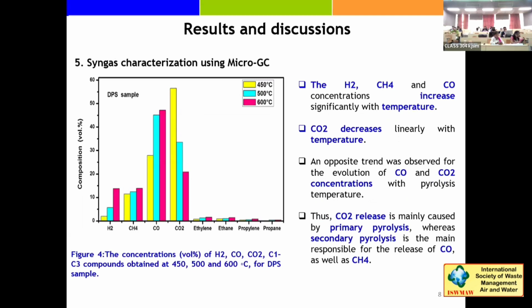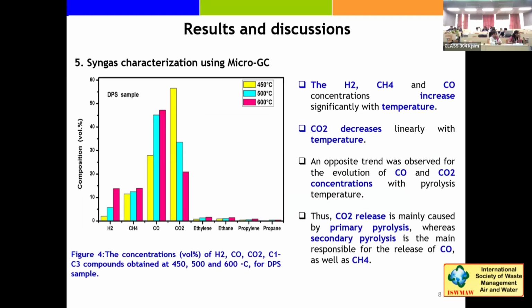At higher temperatures, the dihydrogen, the methane, and monoxide carbon concentrations increase, while the dioxide carbon decreases. The opposite trends for monoxide carbon and dioxide concentration during pyrolysis result from different production mechanisms.